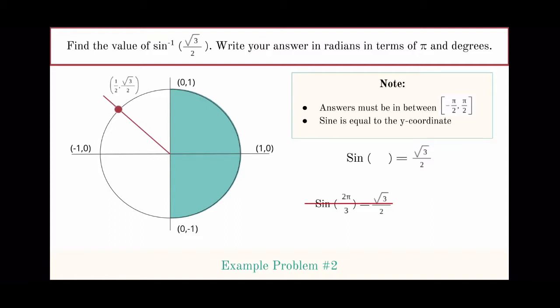Another possible answer is pi over 3 because it also gives us the y-coordinate of positive rad 3 over 2. This is in the blue area and it meets the requirements of being in between negative pi over 2 to pi over 2. So it is our answer. To convert it into degrees, pi over 3 equals 60 degrees.